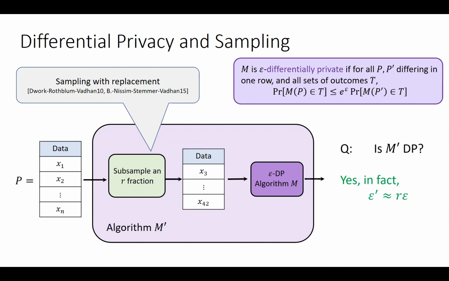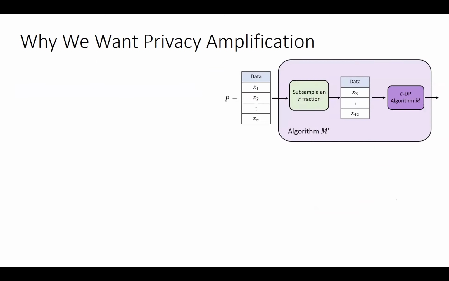It was also extended to the setting of sampling with replacement, simple random sampling with replacement. And relatively recently, a more general framework for reasoning about the privacy amplification effects of sampling via probabilistic couplings, recovering the results that I talked about so far, was given by Balle et al.